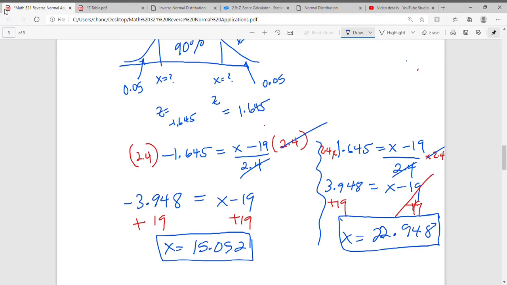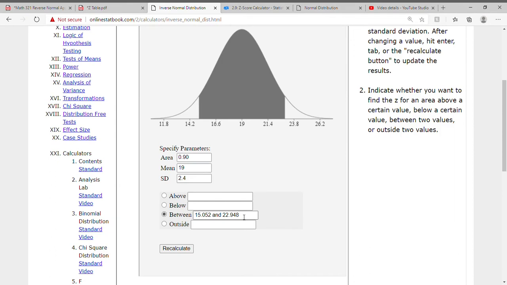Is it the same? Yes, it is. It's exactly the same, 15.052 and 22.948. So we know we did it right. We just confirmed it on the inverse normal calculator.